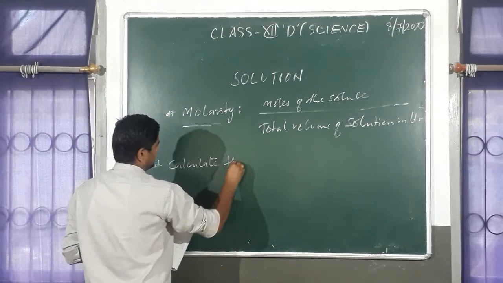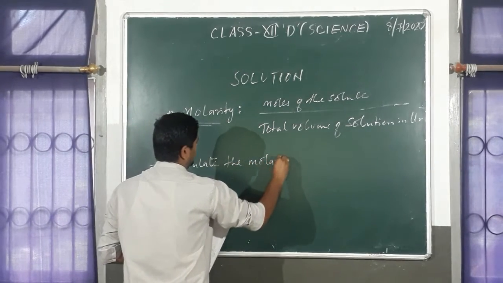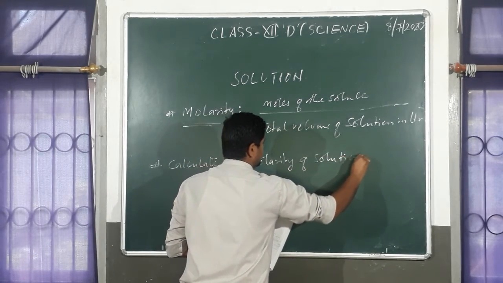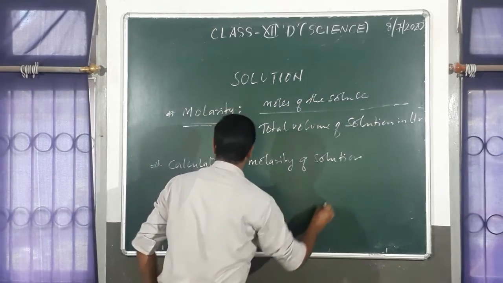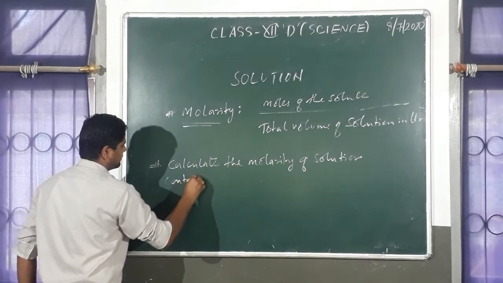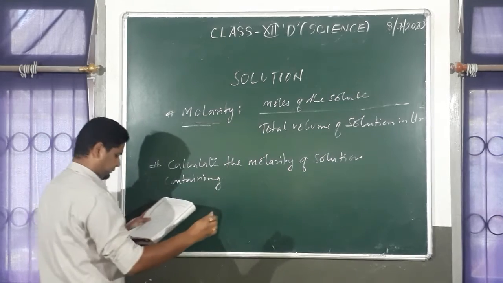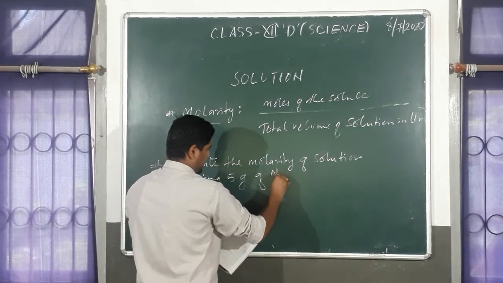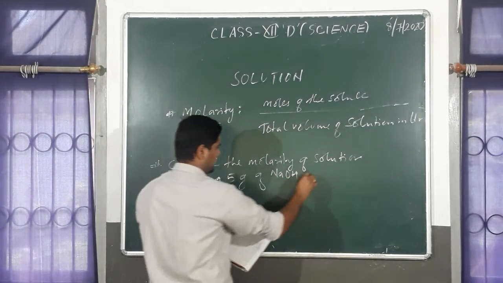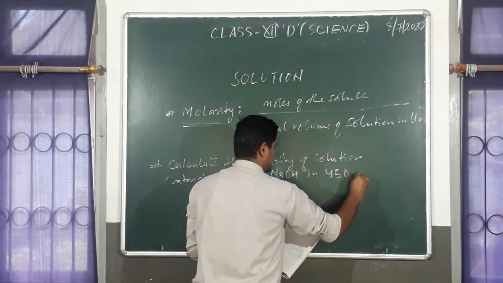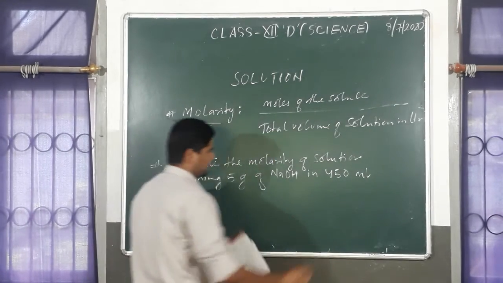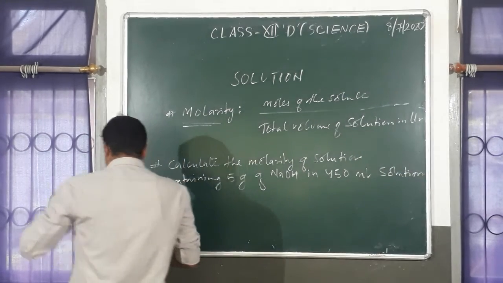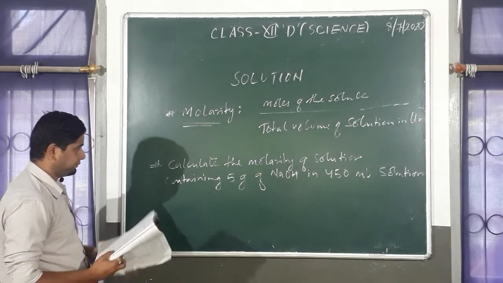Calculate the molarity of a solution containing 5 gram of NaOH in 450 milliliter solution. Okay, so this is the question.